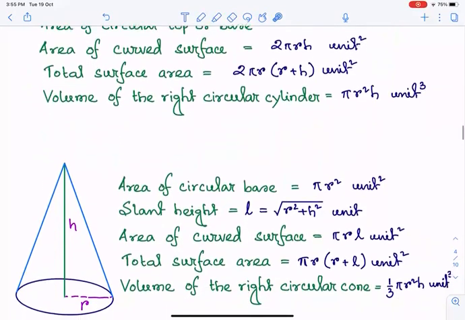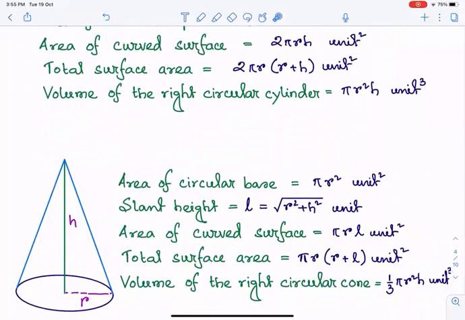Next, we will have a right circular cone. Now over here, the area of the circular base is pi r square. Like earlier, this is also a circular surface with radius r. If I consider the height is h, then the slant height can be found by Pythagoras theorem. If we denote slant height by L, it is nothing but root over r square plus h square.